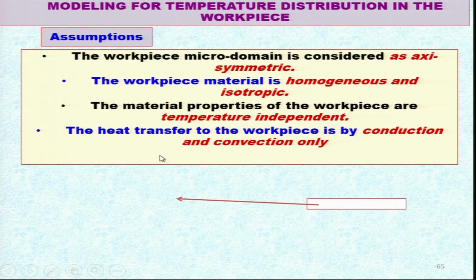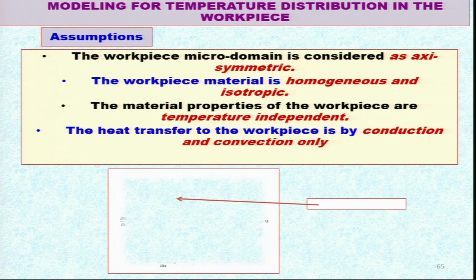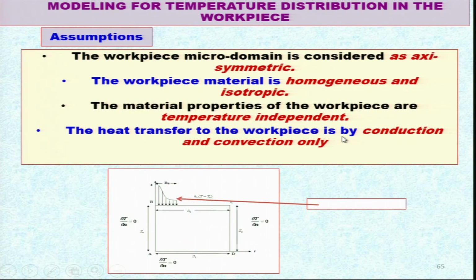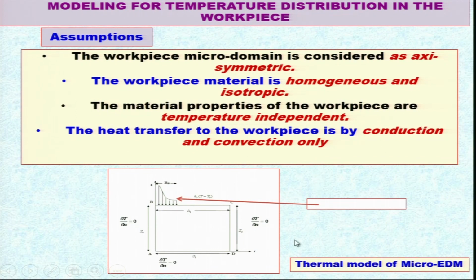The heat transfer to the workpiece is by conduction and convection only. This simply means that heat transfer due to radiation is neglected. Although the temperature is very high, so a substantial amount of heat radiation may be there, for the analysis it is neglected.